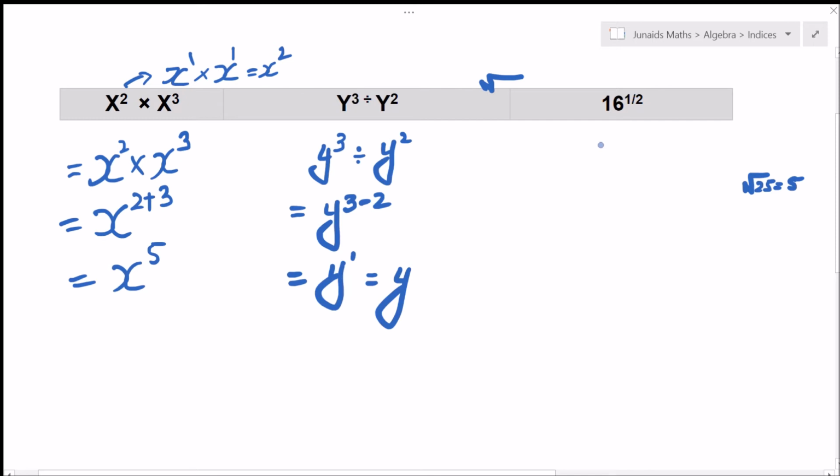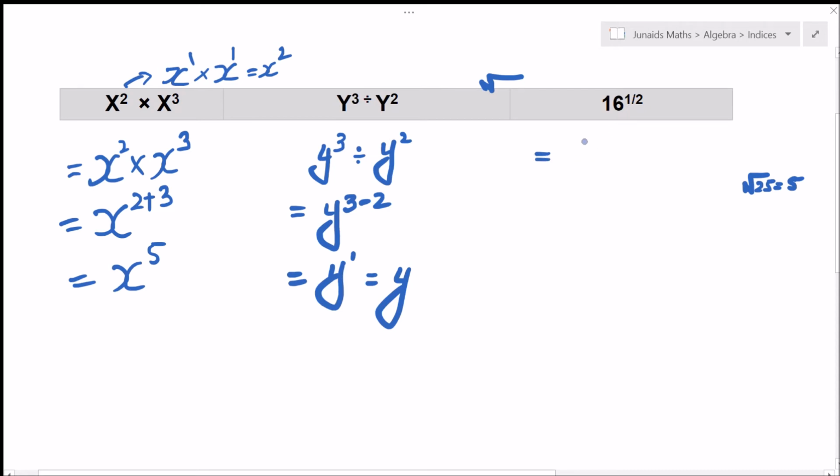This power actually gives you the result by going back to its roots. And I'll show you what happens in this case.